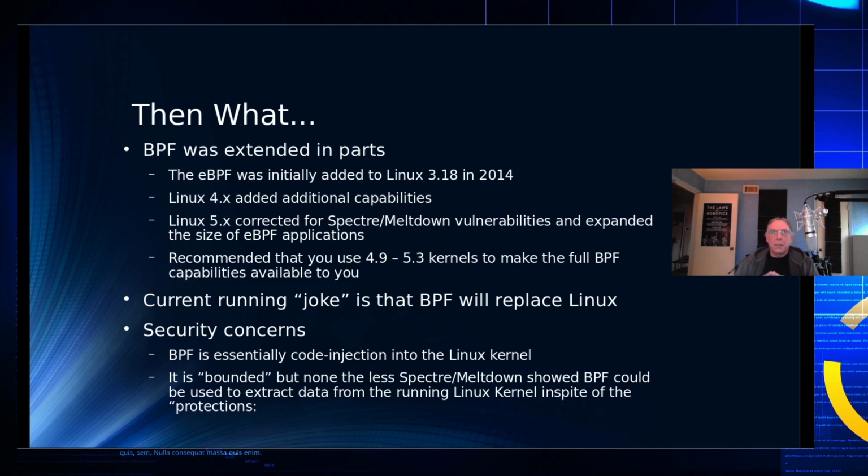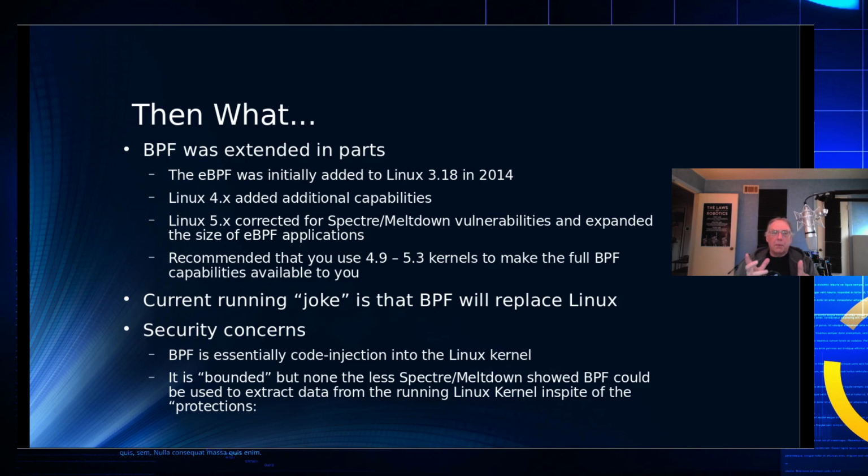I haven't counted these, but there are probably close to 1,000 different control points now that you can attach to. The Linux 5 kernel corrects some of the problems that were exposed by Spectre and Meltdown, some of the vulnerabilities. It also expanded the size of an eBPF application. I'm sure that it also added additional system calls. I just don't know what those are offhand.